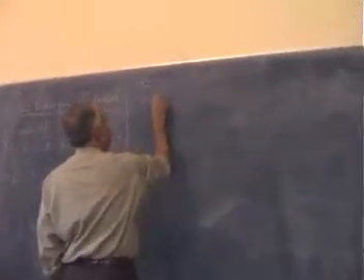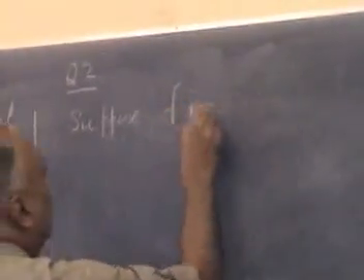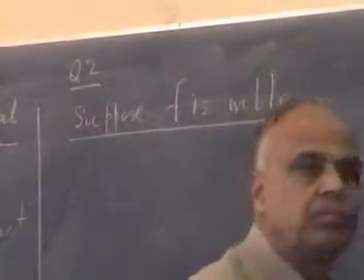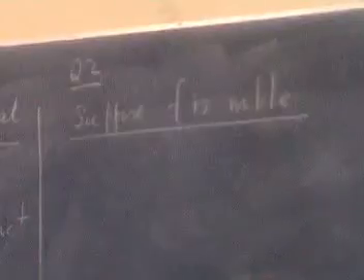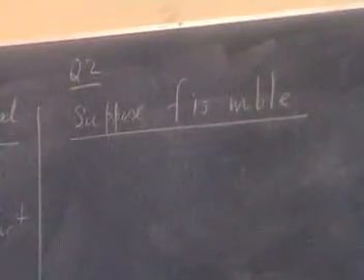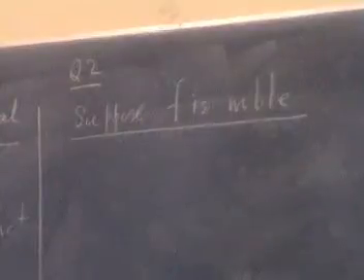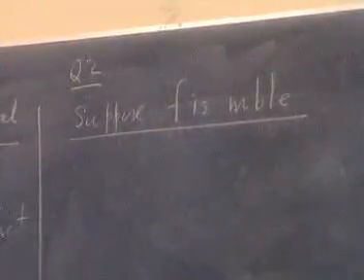Suppose f is measurable. Then I have these, for every n, as measurable simple functions.